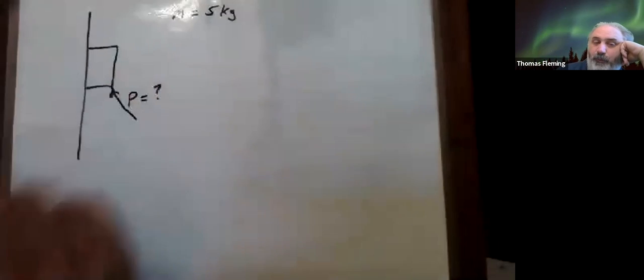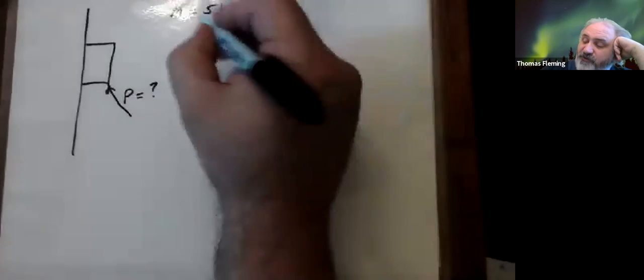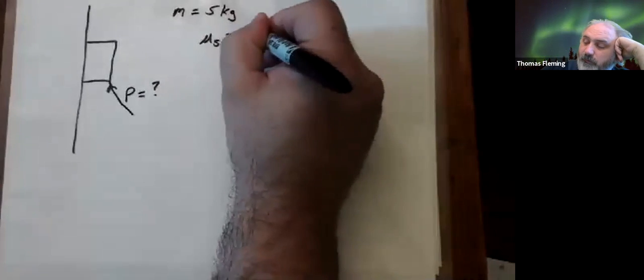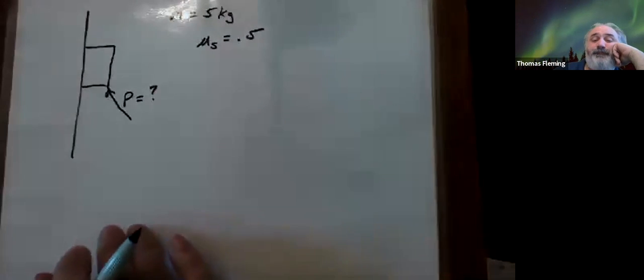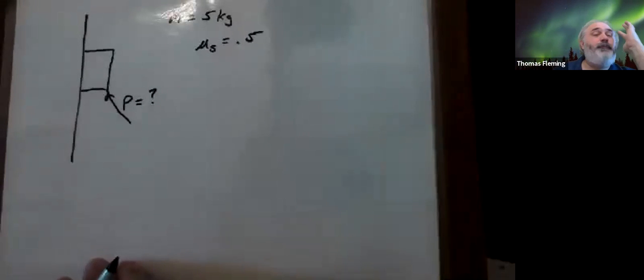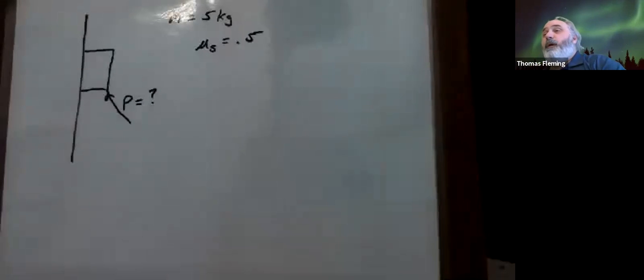And I know that the wall has friction with that box. The coefficient of static friction, mu s, is 0.5.